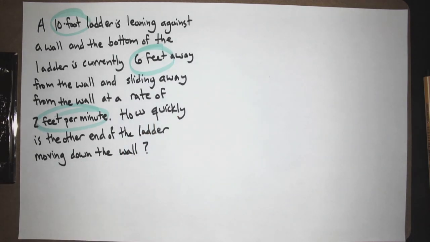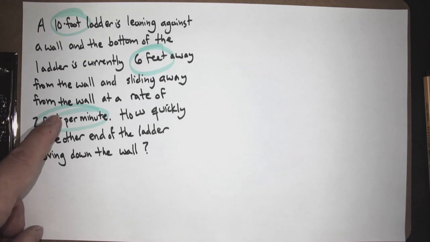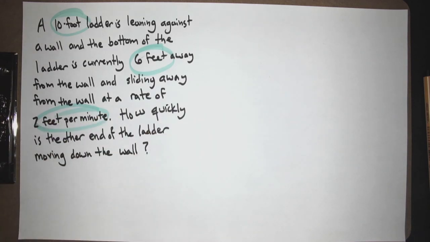Quickly is secret code for change. So you see one rate given, and it's asking you for a different rate. So you're like, oh, these rates should somehow be connected. So when you see rates given and rates that you're looking for, then you say, I should put on my related rates hat. All right, so step 1, draw a picture.